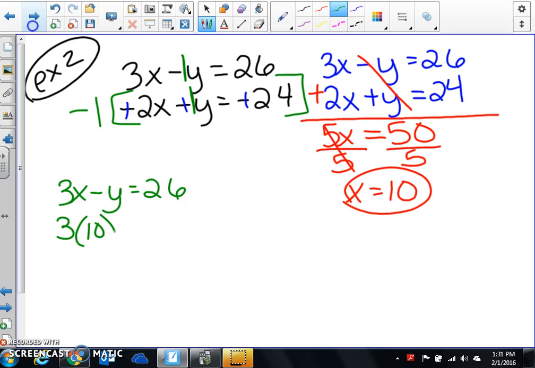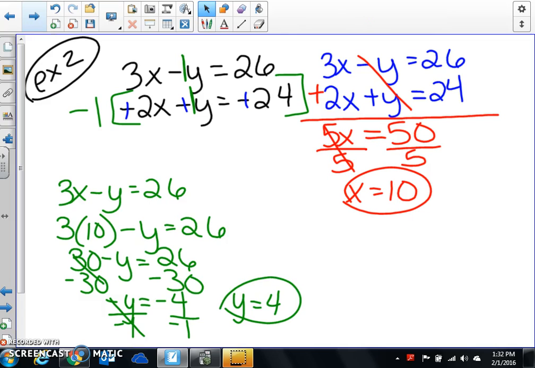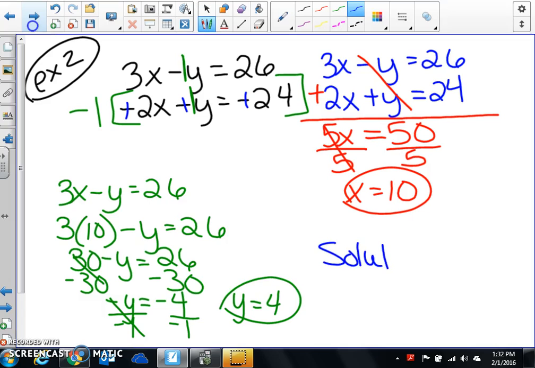Now I solve that equation. So 3 times 10 is 30. Subtract 30. 26 minus 30 is negative 4, and divide both sides by negative 1. So y is equal to 4. So my solution is the point x, y. My x value is 10, my y value is 4.